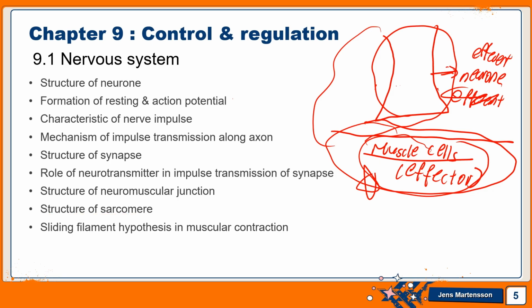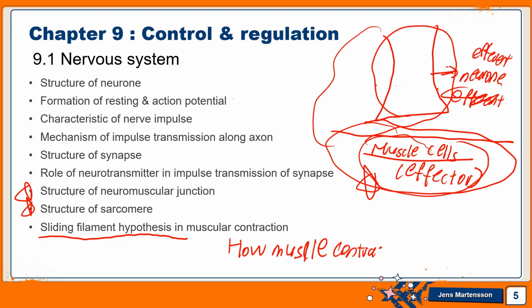You have to learn these two topics, then you can learn the sliding filament hypothesis in muscular contraction. In this topic you have to learn how muscle contracts. We all know that muscle can contract and relax.